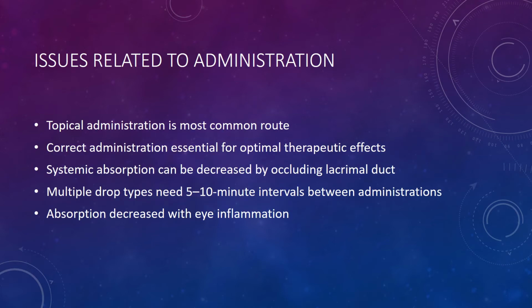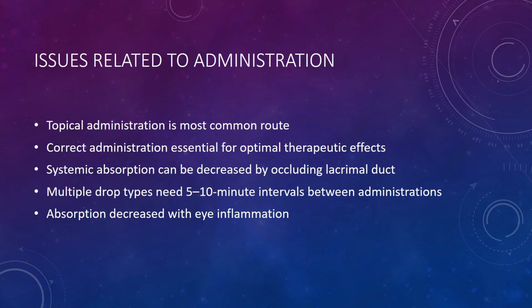Now, issues related to administration, of course, topical is the most common route, and the correct administration is very important. Systemic absorption can be decreased by occluding that lacrimal duct, and multiple drops, and that's what you usually see with folks with glaucoma. They have several drops, not just one, but they do need to be given some time between the administration of those medications.